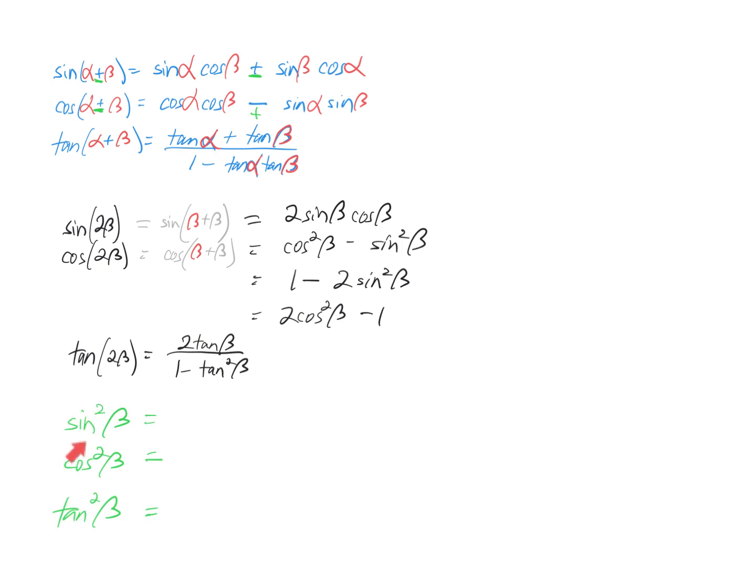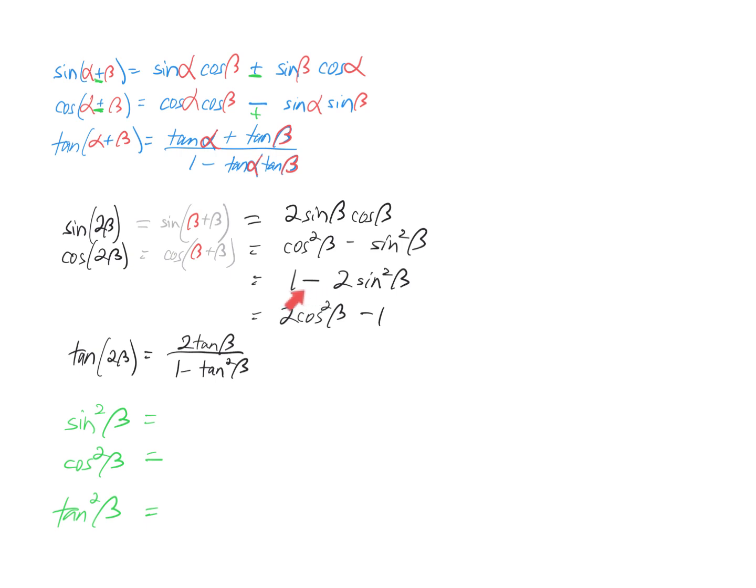Okay, the last identities we're going to derive in this video are the power reducing identities. How can we change the sine squared ratio into an expression that has only sines and or cosines and or tangents, but no squared ratios? Well, the way we'll do it for sine squared is just by solving for sine squared here.